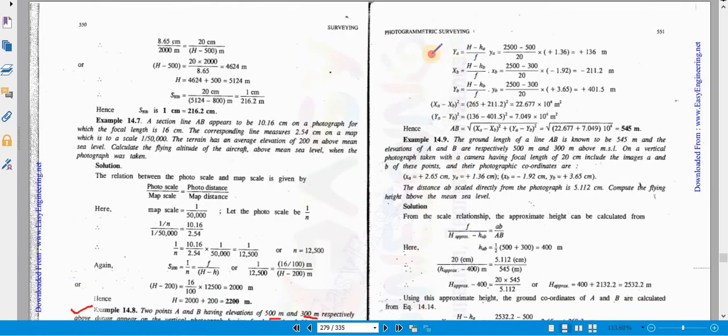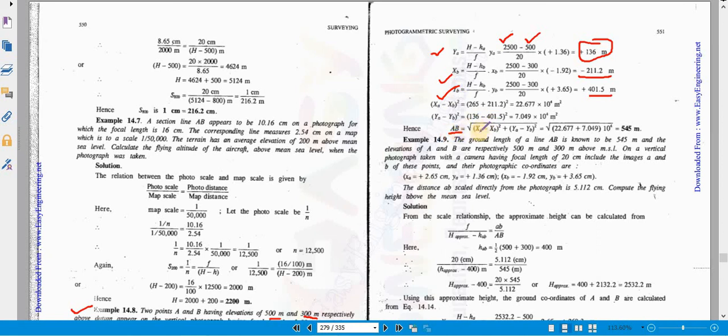Similarly YA equals to H minus small h a by F into y, so 2500, and again the elevation of A is 500, so this is coming out to be 136. And similarly XB and YB are coming out to be minus 112.2 and positive 101.5.